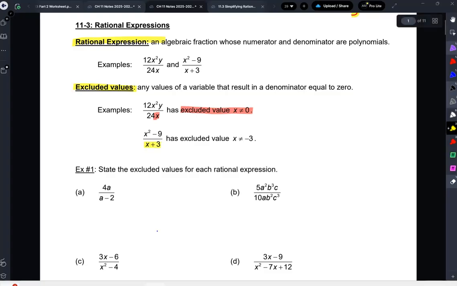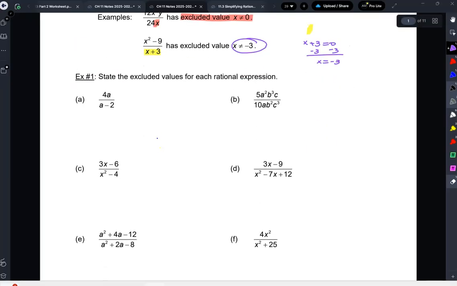The denominator is never allowed to be 0, right? So when will x plus 3 equal 0? You take the denominator, set it equal to 0, minus 3, minus 3. When x is -3, that denominator is 0. So I say x cannot equal -3. Okay?